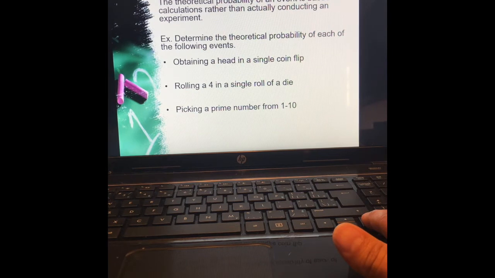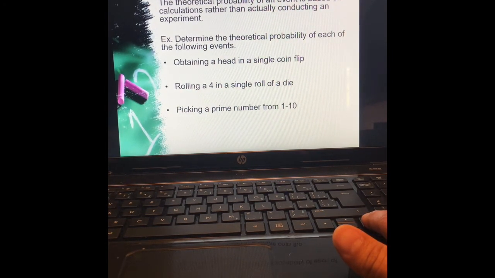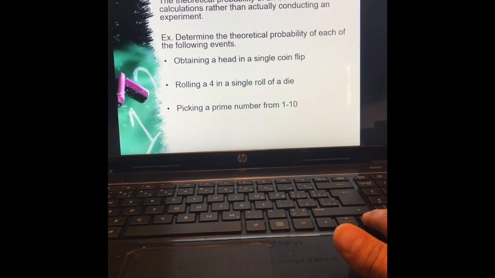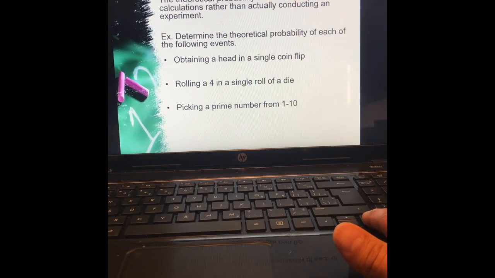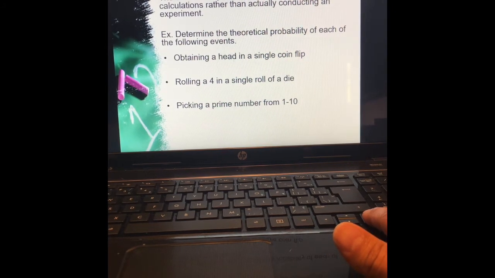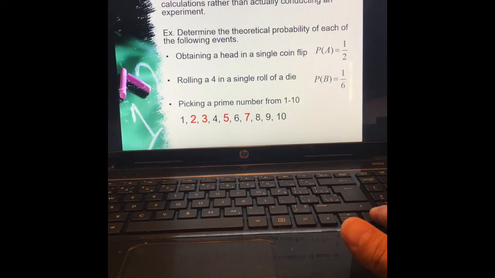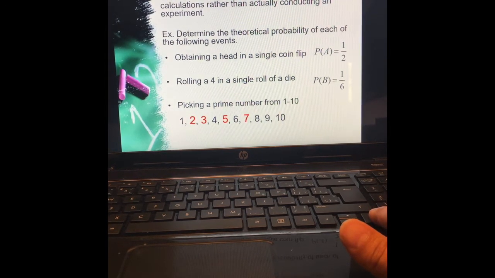Picking a prime number from 1 to 10. So you want to count up your prime numbers, only divisible by itself, and divide by total possible, which is 10. You've got 2, you got 3, you got 5, and you got 7. 1 is not a prime number.